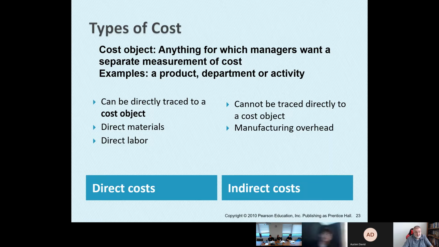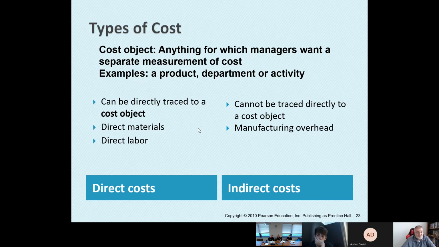However, if I don't account for my rent and my gas and my electric when I'm trying to figure out what it costs me to make one of those drill heads, and I'm only looking at the direct material and the direct labor, then I'm not going to be charging the right amount because I'm not accounting for my indirect costs. And those indirect costs are what we're talking about when we're talking about manufacturing overhead.